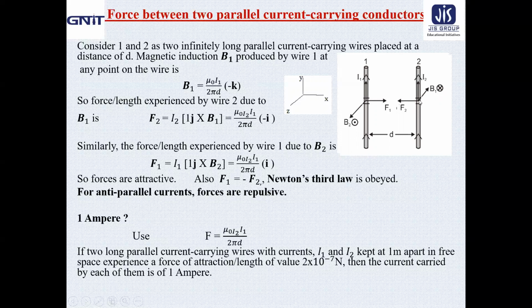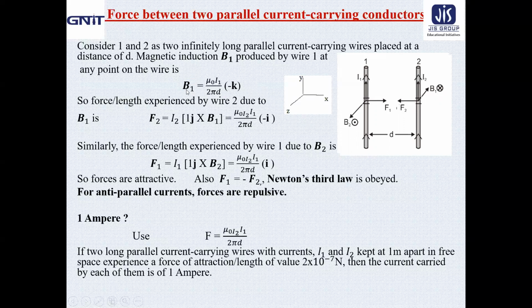Now, if you take a look at the coordinate system, what about this direction? This is negative z. So, to make B1 a vector, we have to incorporate the unit vector along the direction of negative z, that is minus k.